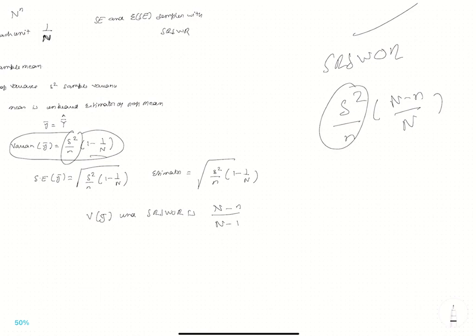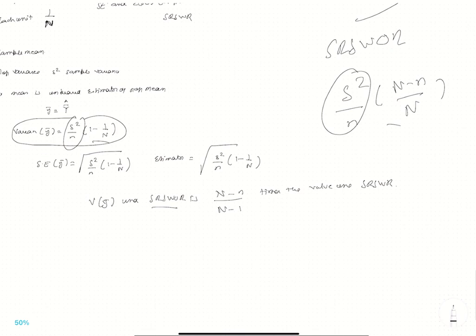It's only this which is different. Okay, so the variance of y bar under SRSWR is this factor times the value under SRSWOR.